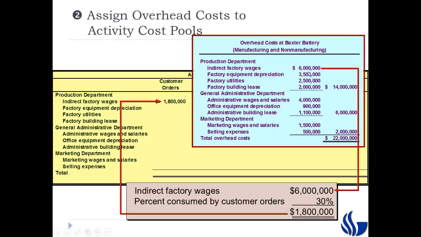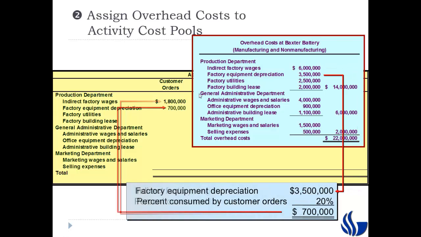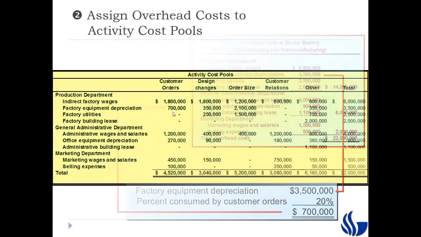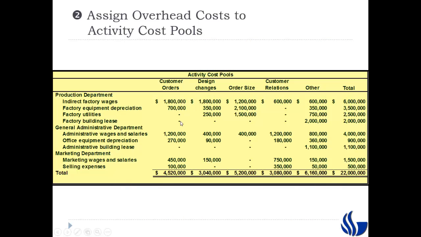And then you would take that 6 million times 30% to go in the next cost pool here. And then you go all the way across, and then you move down to the next line item of indirect cost, factory equipment depreciation, 3.5 million. We're going to multiply that by 20%. Again, that's 20% from the table in the previous slide. So that's $700,000 that's assigned to this factory equipment depreciation. And we would basically repeat this for the whole table.